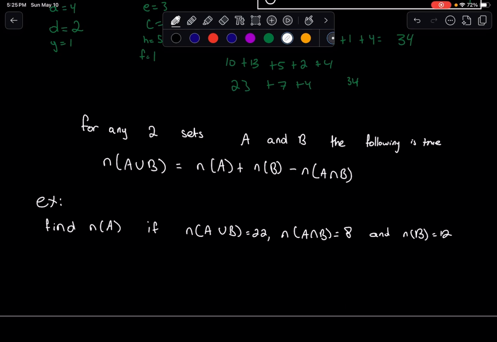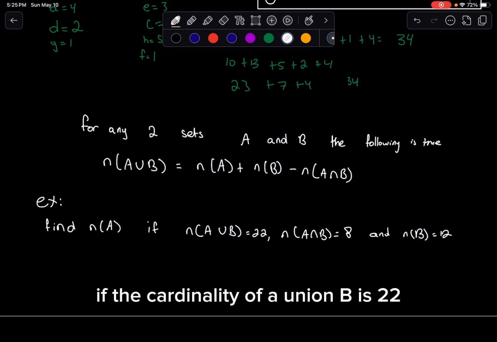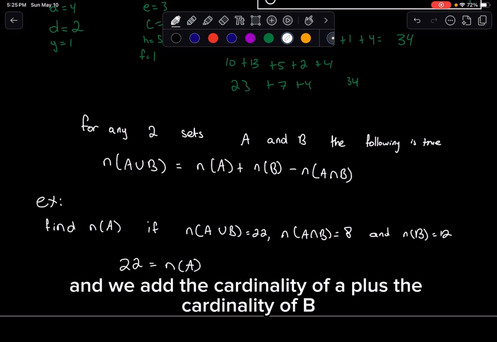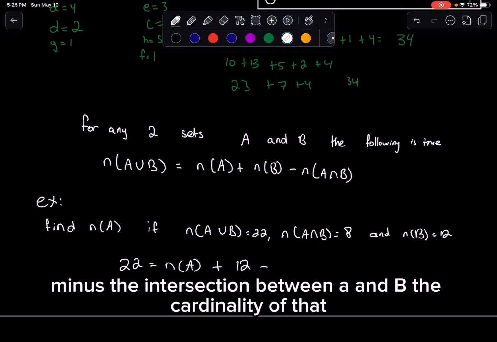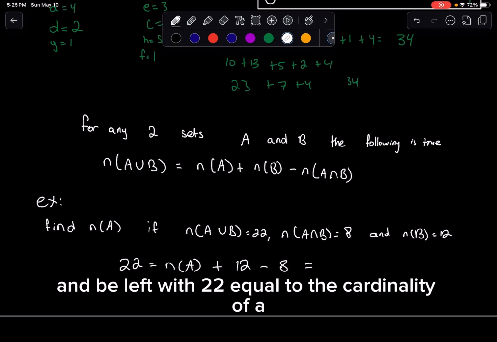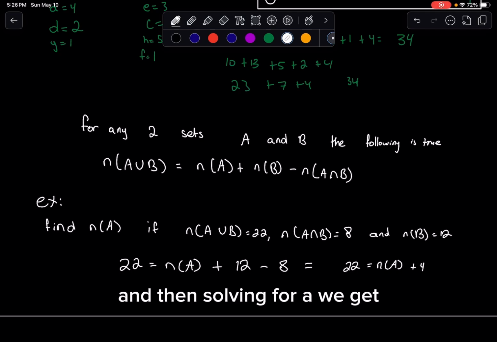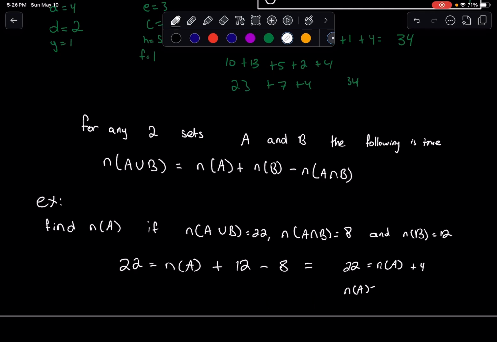Well, from our formula, we know that the cardinality of A union B is 22, and we add the cardinality of A plus the cardinality of B minus the cardinality of the intersection of A and B, which can be written as 22 is equal to the cardinality of A plus 4. And then solving for A, we get 18.